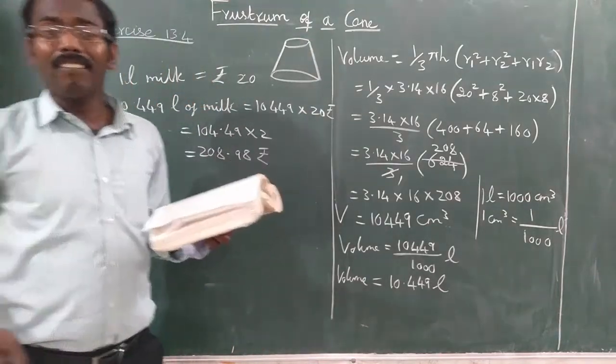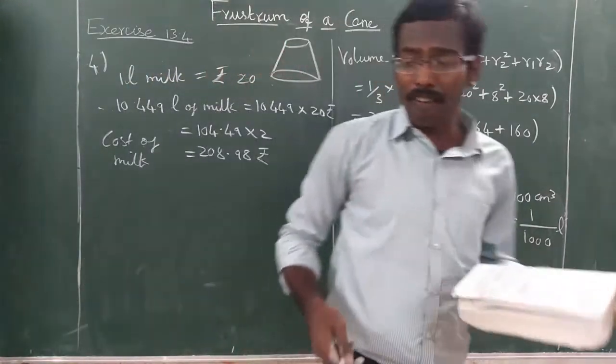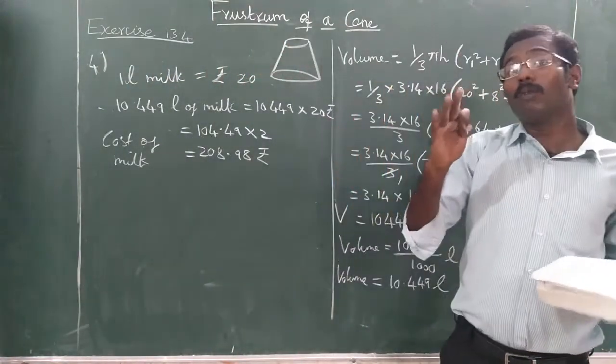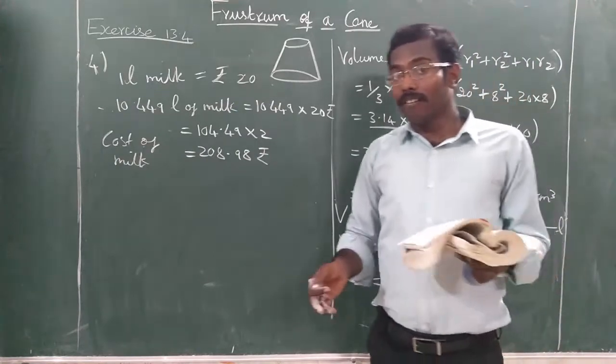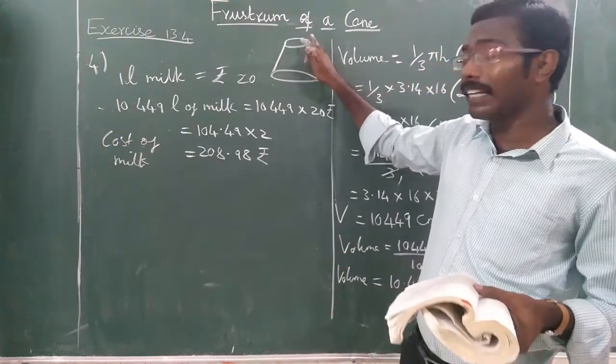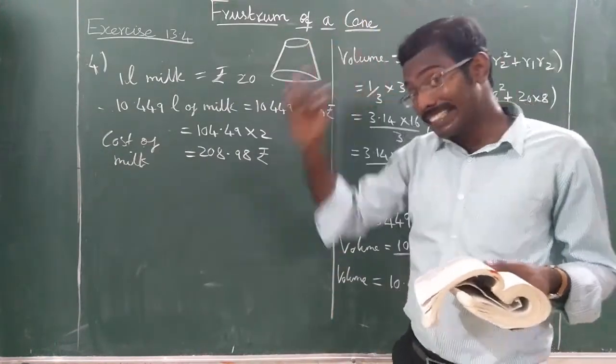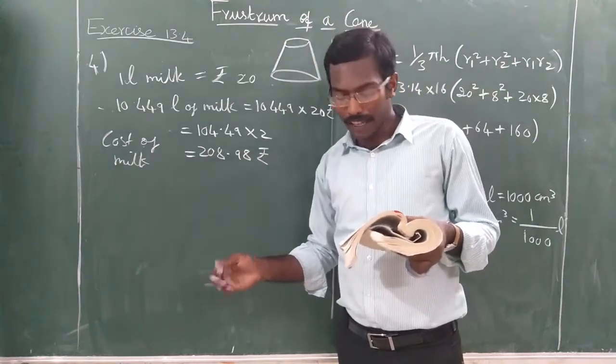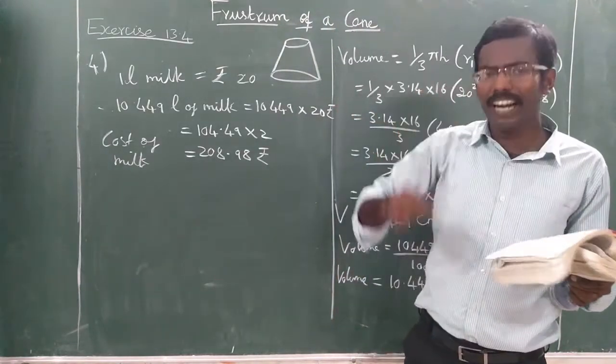You have to read the question very carefully, because every time in the frustum what will confuse us is whether the bigger circle is at the top or the smaller circle is at the top. So read the question again carefully.